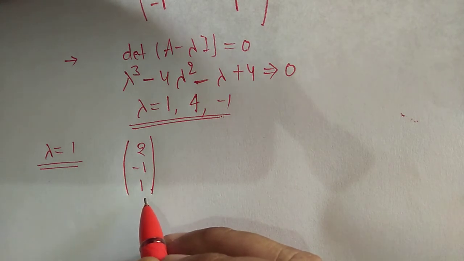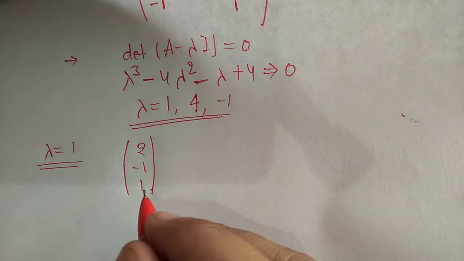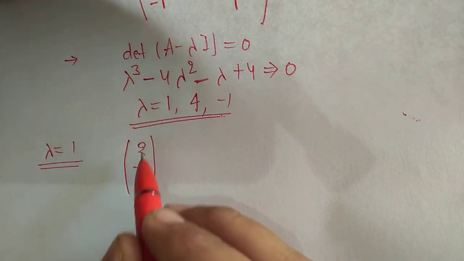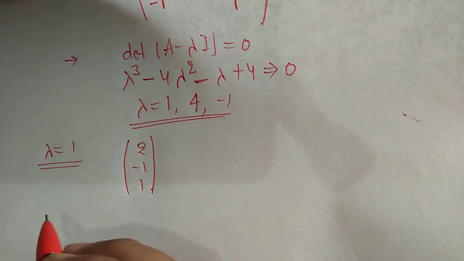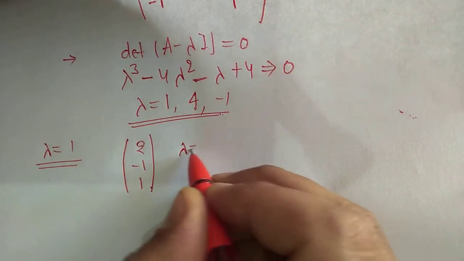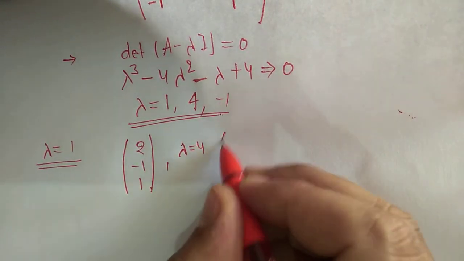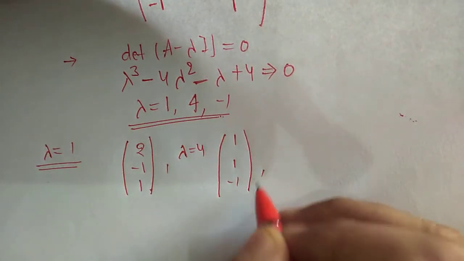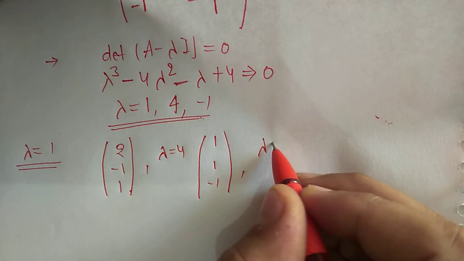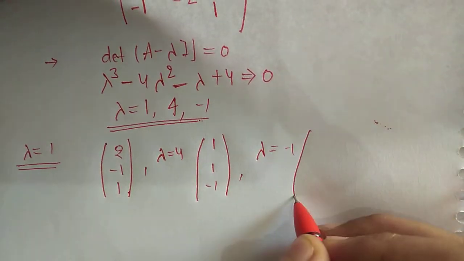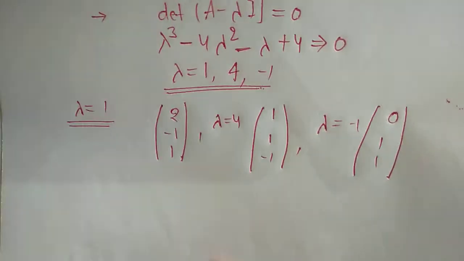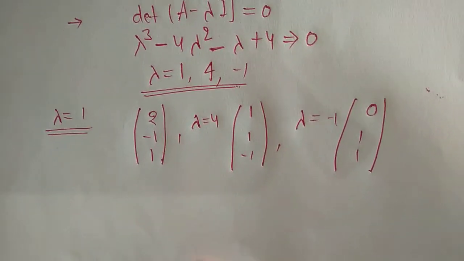There I have explained how to find eigenvalues and eigenvectors. So for lambda equal to 1, the eigenvector is 2 minus 1 1, for lambda equal to 4, the eigenvector will be 1 1 minus 1, and for lambda equal to minus 1, the eigenvector is 0 1 1. So these are the eigenvectors.